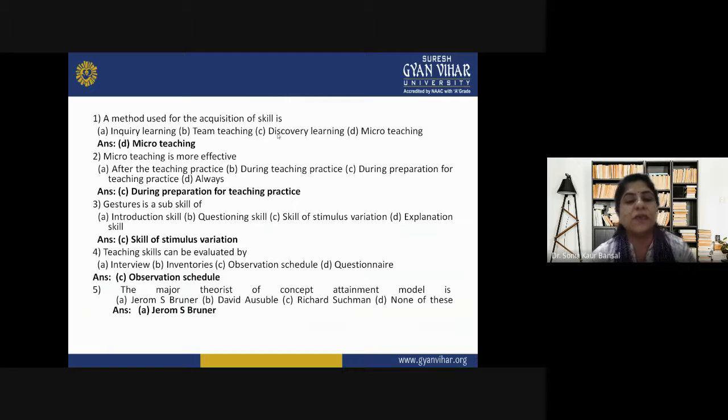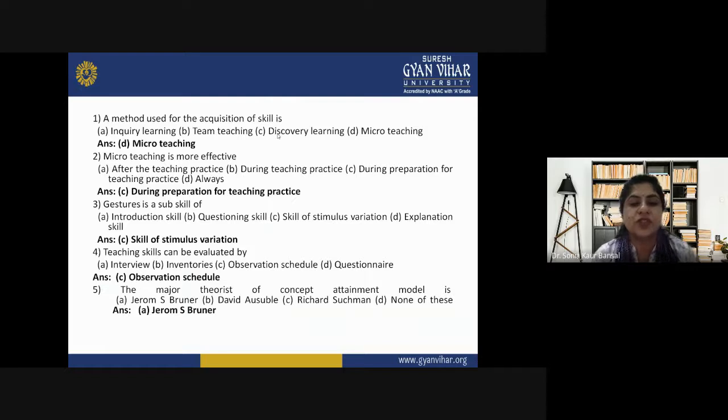Gesture is a sub-skill of introduction skill, questioning skill, skill of stimulus variation, or explanation skill. Skill of stimulus variation is the correct answer, as we have just seen what gesture is and how it is to be maintained in classroom teaching.